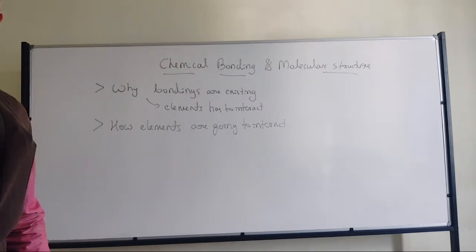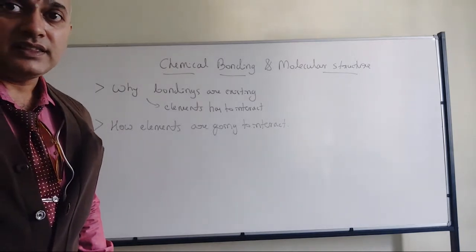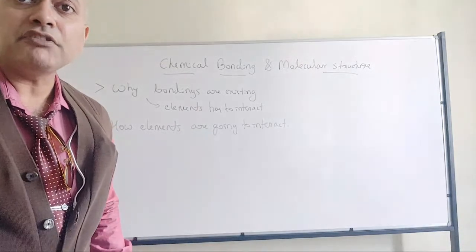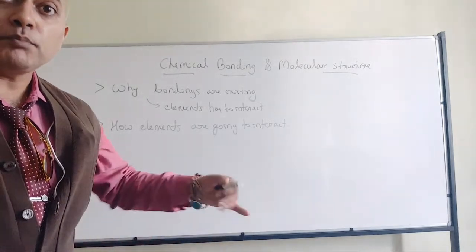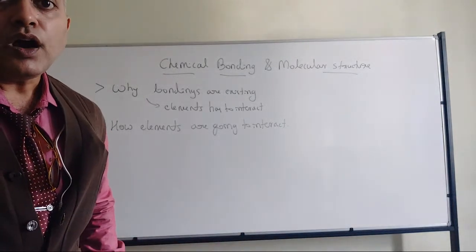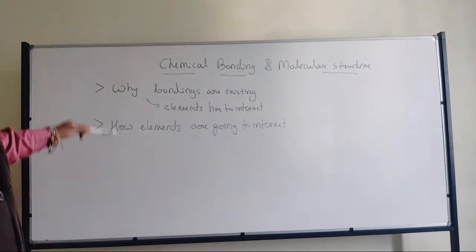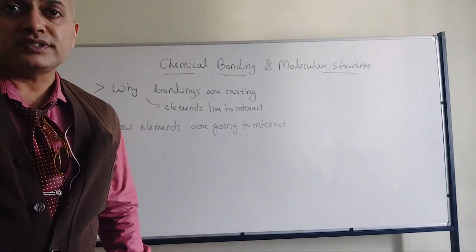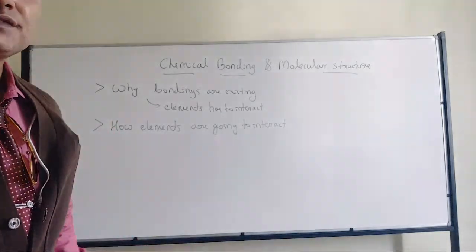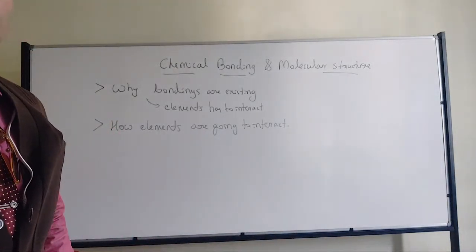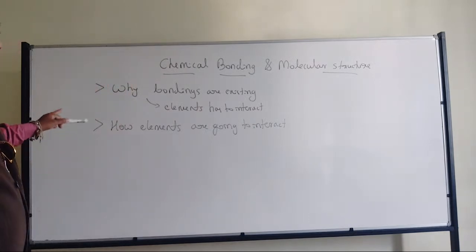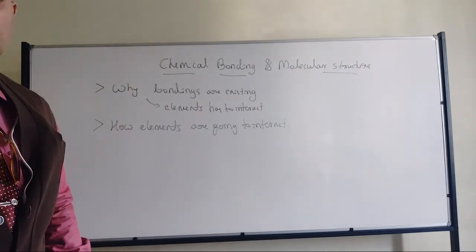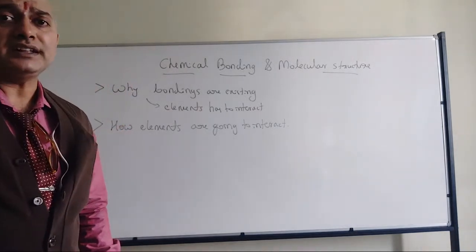If that were the case, this world would have been different. We would not be existing. This sweater I am wearing would not be there. Even our body would not be there, because all of us are here due to the interaction of elements, due to the compounds. So the first point we are going to discuss in this topic is why bondings happen. Why an element has to interact.